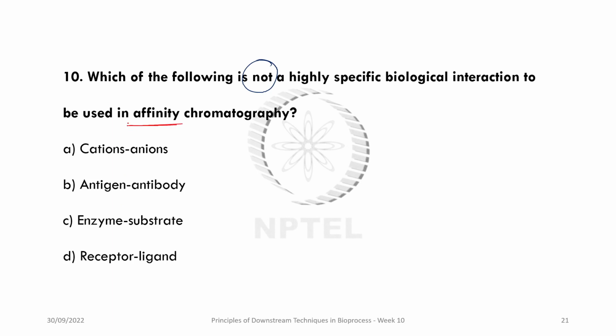Affinity. We're talking about affinity and what is not part of affinity chromatography, or which interaction is not a highly specific biological interaction. So, which interactions are specific here? Is antigen-antibody interaction specific? Enzyme-substrate reaction specific? Receptor-ligand reaction specific? Cation-anion specific?